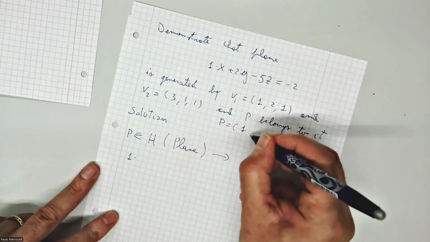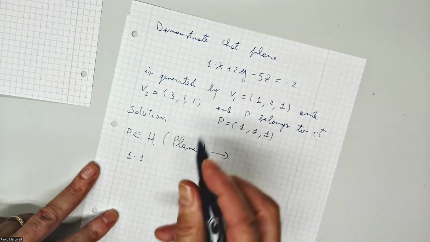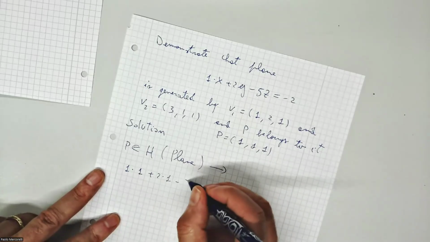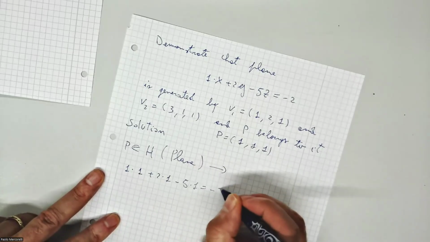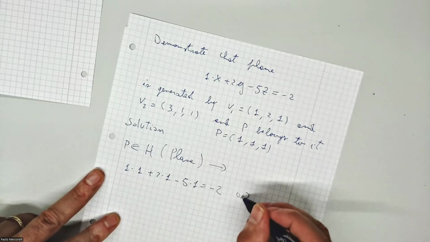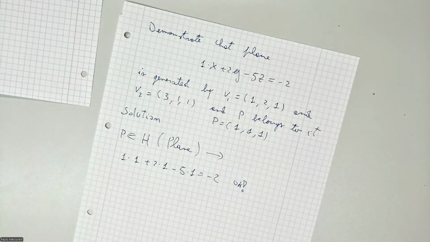Excuse me, I forgot to say. This means 1 multiplied by 1 plus 2 multiplied by 1 minus 5 multiplied by 1 equals minus 2. Is it satisfied? Yes. I don't want to comment here. We discussed it a little bit before. We know from gymnasium, satisfaction, and so on.